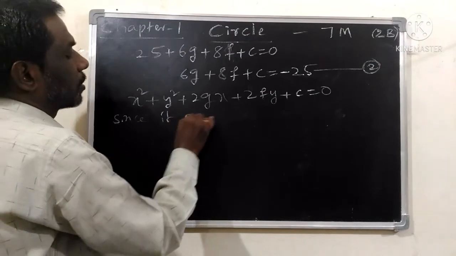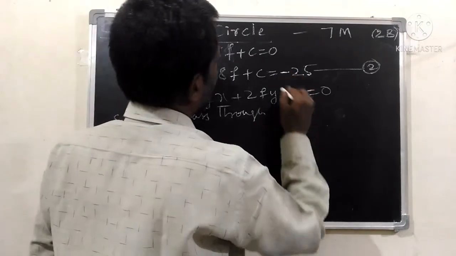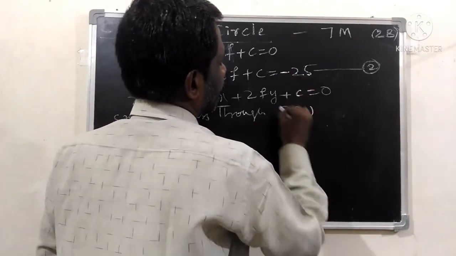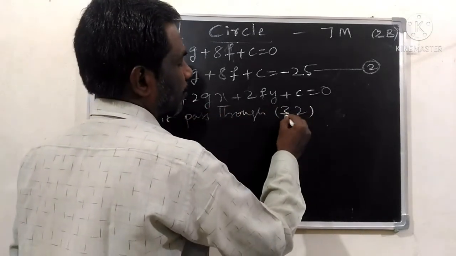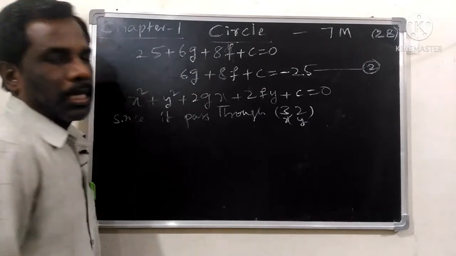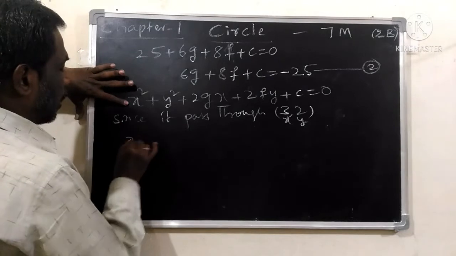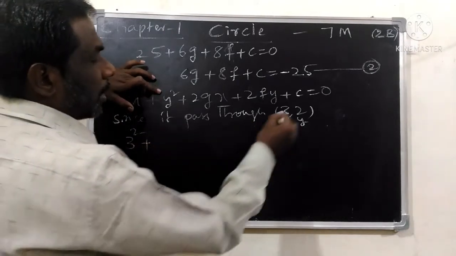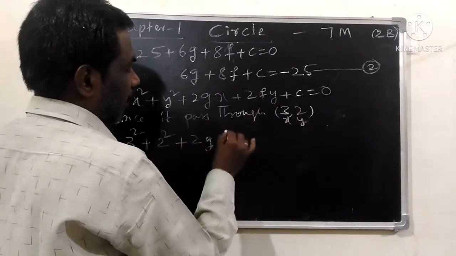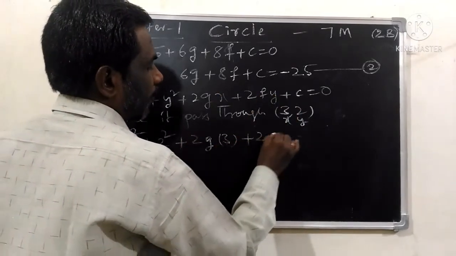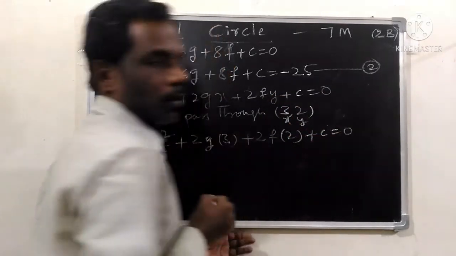Since it passes through the point (3, 2), in place of x I substitute 3, in place of y I substitute 2. So 3² plus 2² plus 2g, as it is, with x replaced by 3, plus 2f as it is, with y replaced by 2, plus c equals 0.